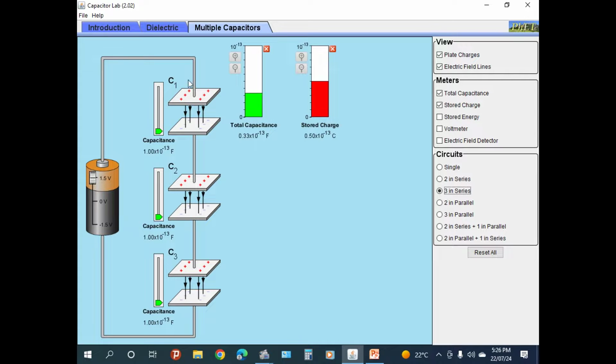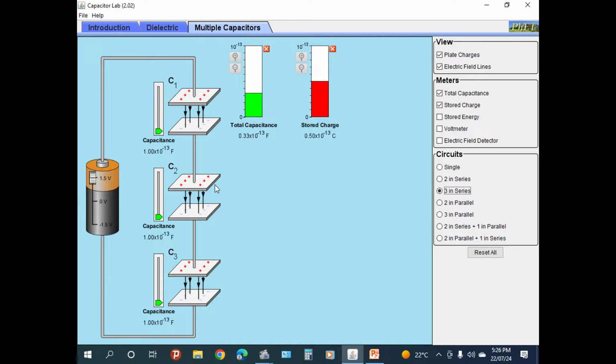The charge in a series circuit is the same, which is Q. So the stored charge is 0.5, or 5 picocoulombs, 5 picocoulombs, 5 picocoulombs.